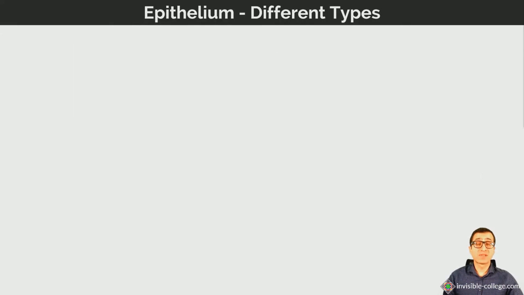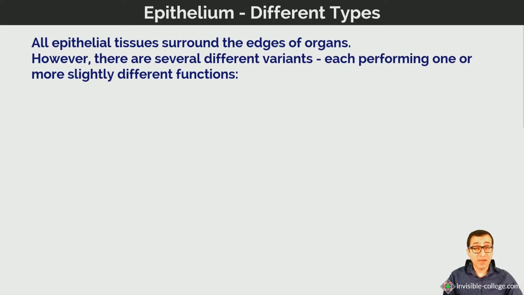Now, there are many different kinds of epithelium, not just pavement epithelium. All epithelial cells surround the edges of organs or the inner linings of tubes and cavities in the body, but there are several different variants, each of which performs one or more slightly different functions.